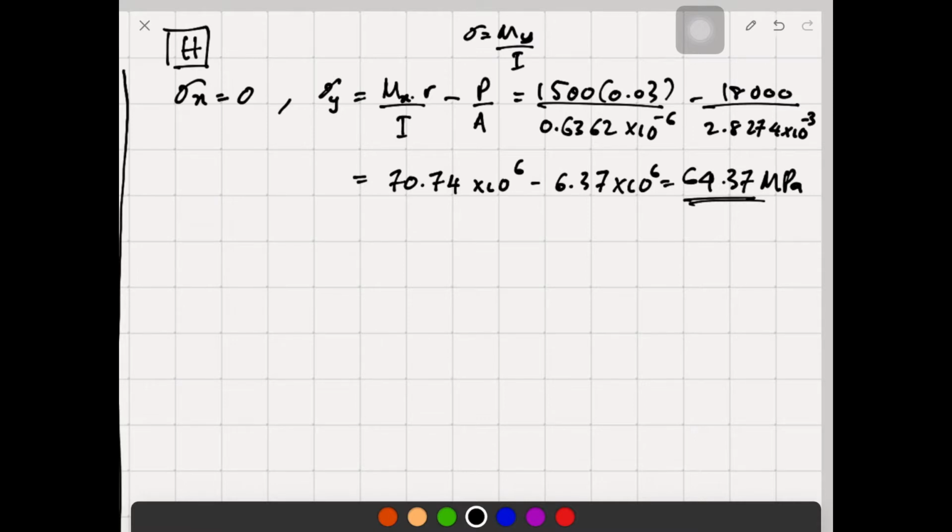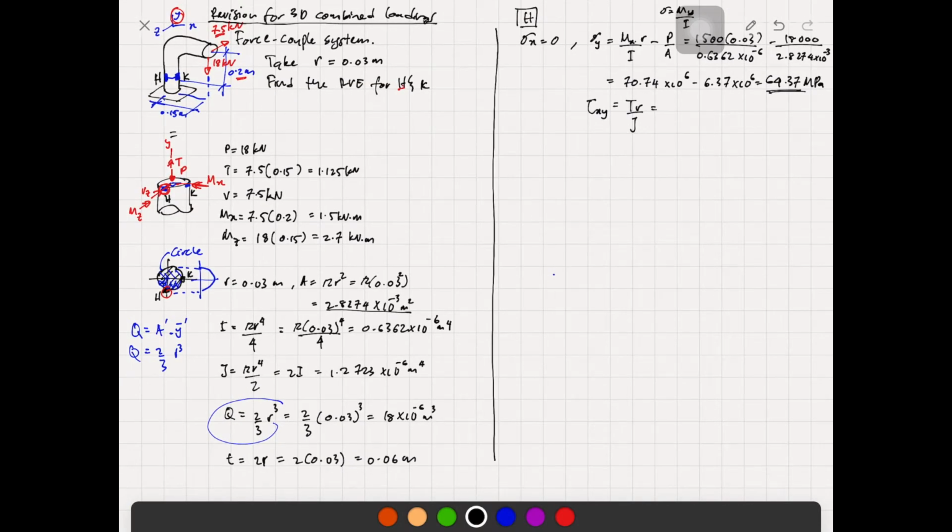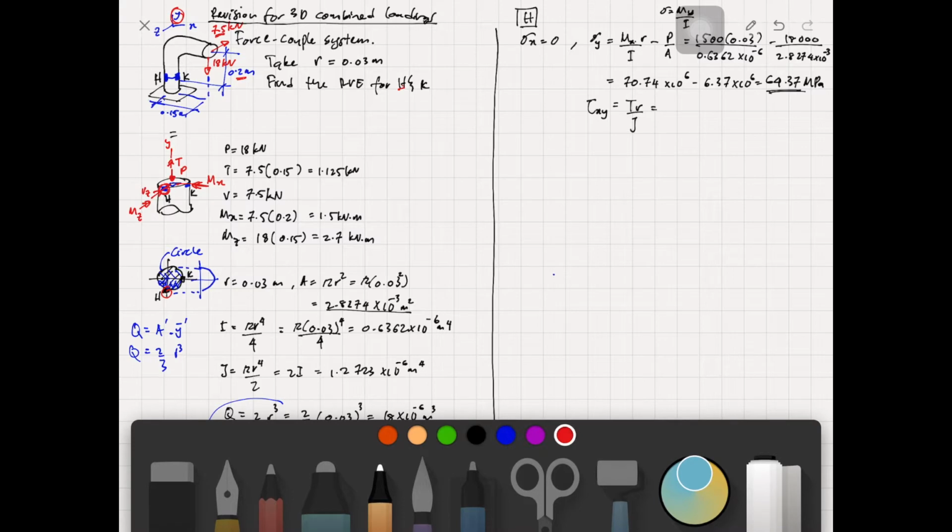Should have the unit of megapascal, and we also have tau for this system, tau xy. In this case we have torsion. The formula for torsion is Tr divided by J. T, we already discussed earlier.